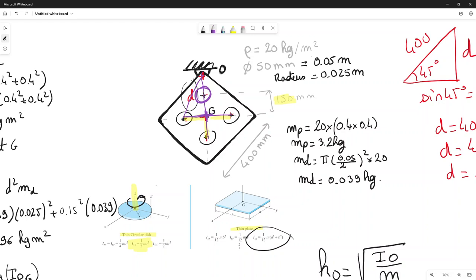We found the moment of inertia about G, an axis that is perpendicular to my screen going through the point G, and after that we move it to O, using that final distance D.